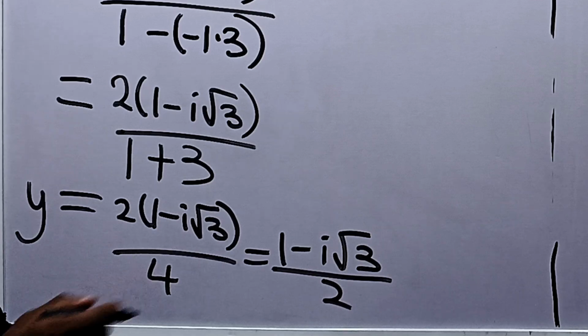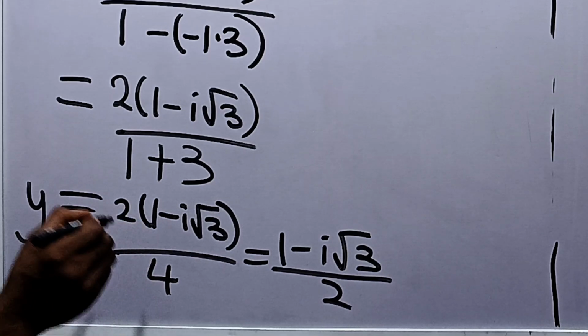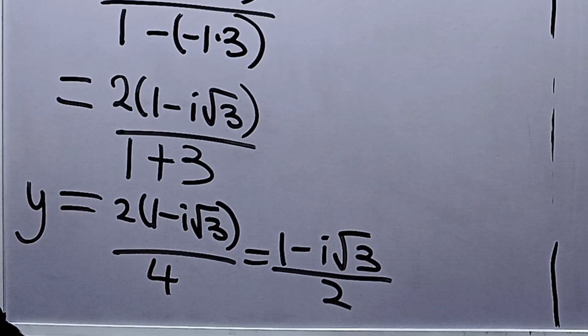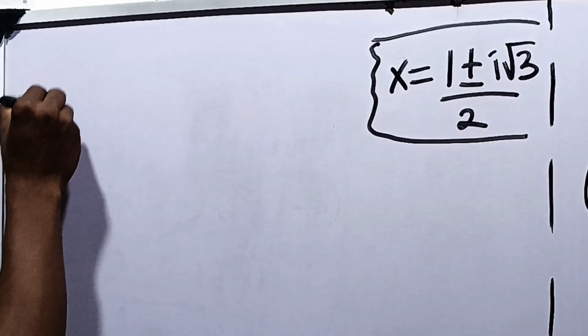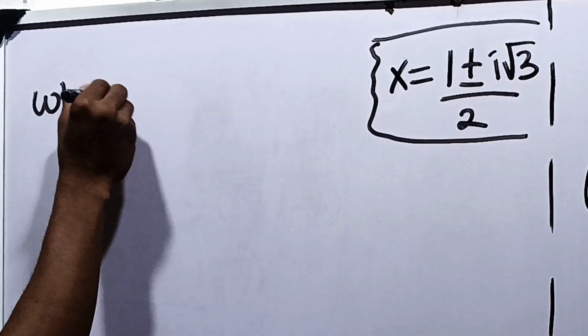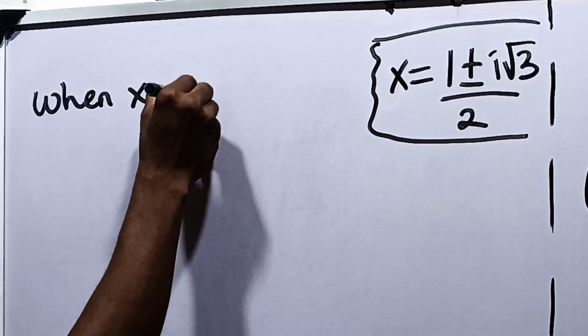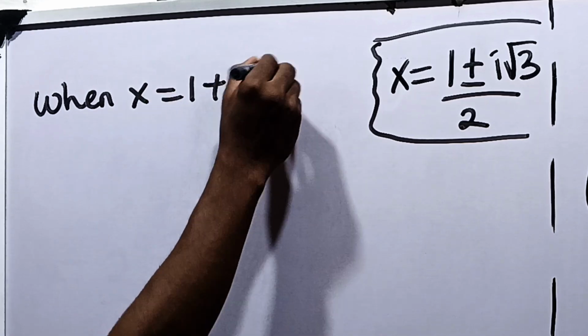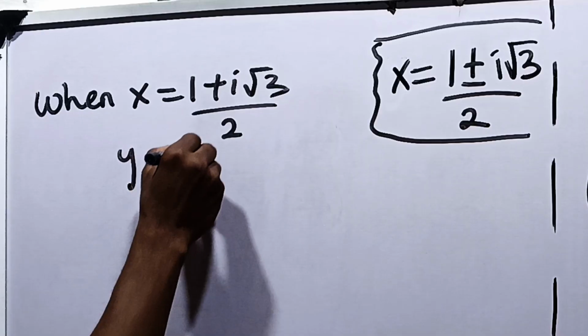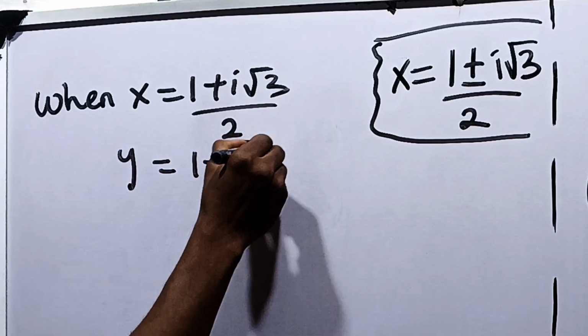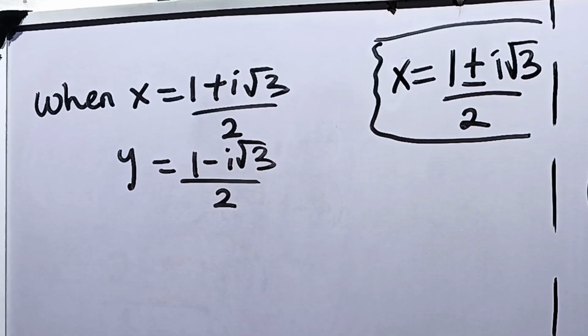And when does this happen? This happens when our x is equal to 1 plus i root 3 over 2. So in conclusion, when x is equal to 1 plus i root 3 over 2, y is equal to 1 minus i root 3 over 2. Now look at this.